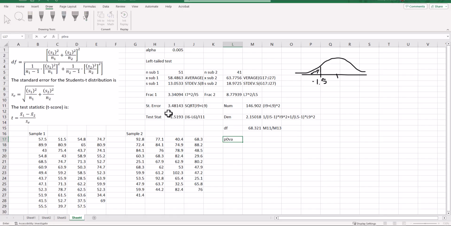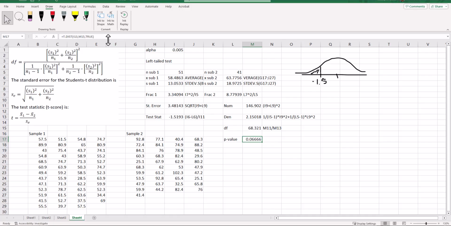Now lastly, the p-value. Our p-value comes from a t-distribution. This is left-tailed, so I can just use a t-distribution. Grab my test statistic and my degrees of freedom, and then put true here.